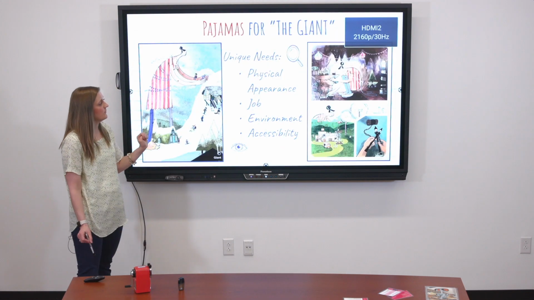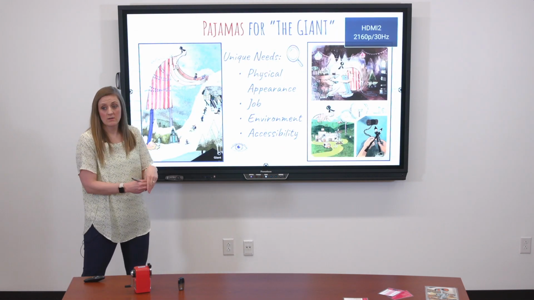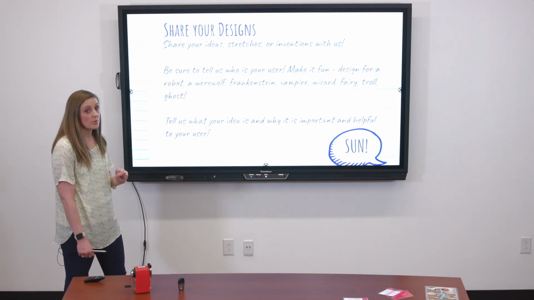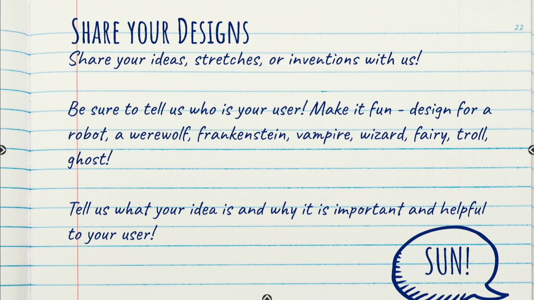So we're going to go back. Next time you come, when we come back to next class, or as you're designing, I want you to take a second to share your designs. So if you've made a really cool remote control for your spy or a communication device for your merman, share it with us. Email it to your teachers, email it to your principals, and let them know who your user was, let them know what you designed.